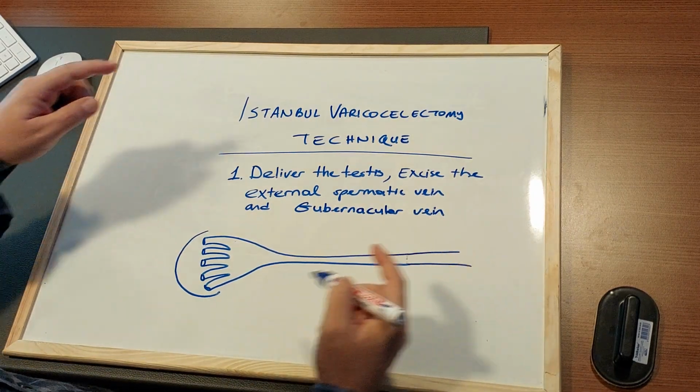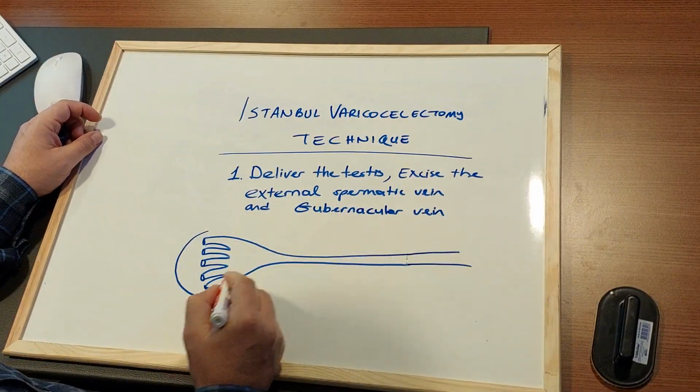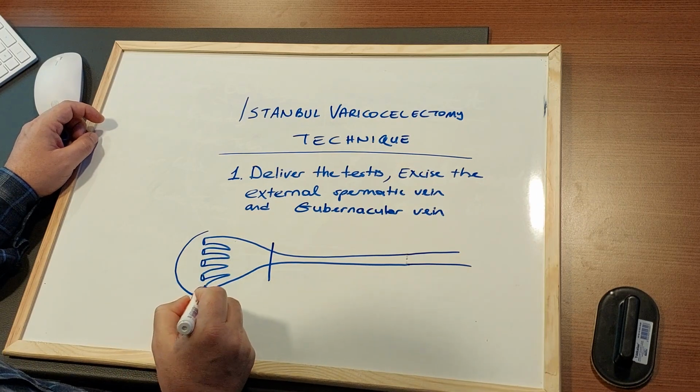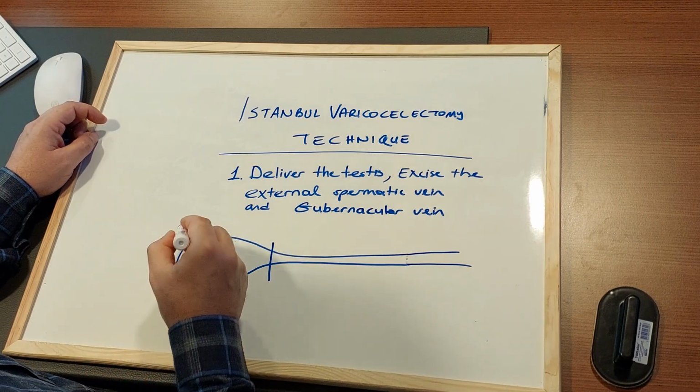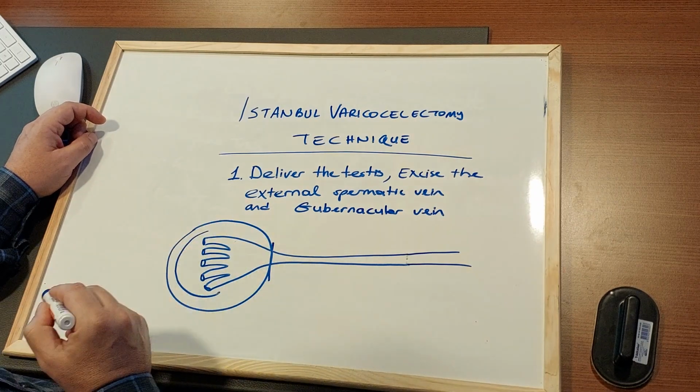So usually we take out a long segment of these veins, but near the testicle at some point we have to stop, because we can't go inside the testis. The testis has a sheath around it and you can't enter this place.